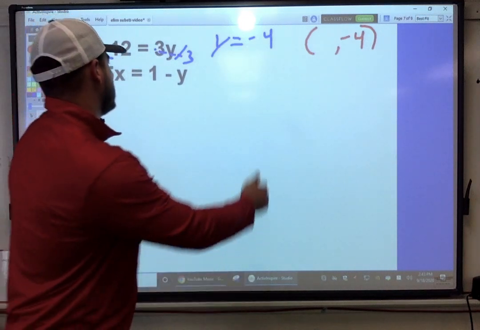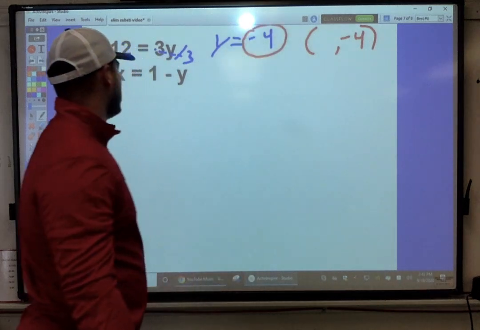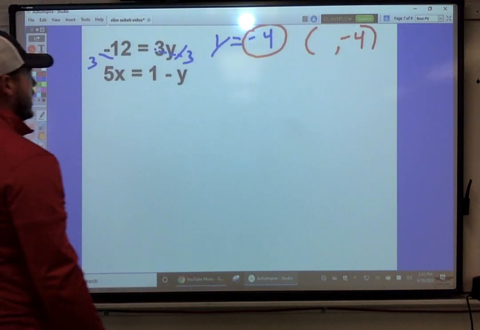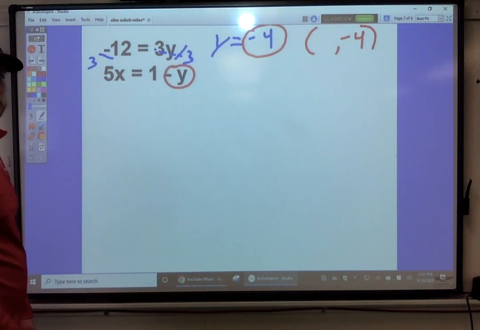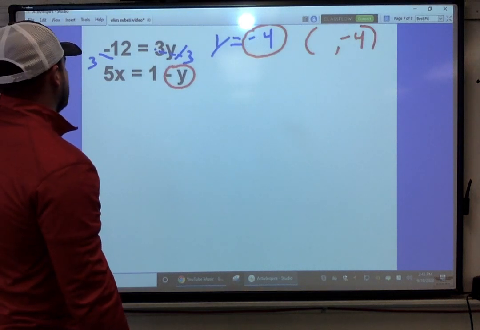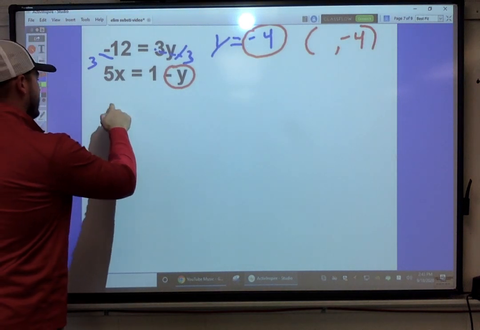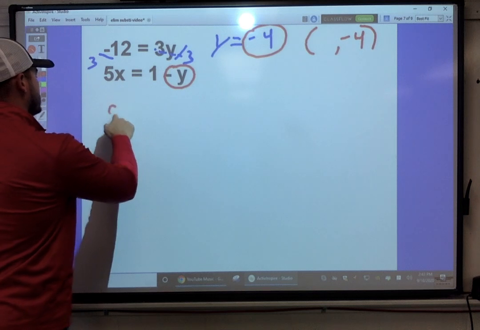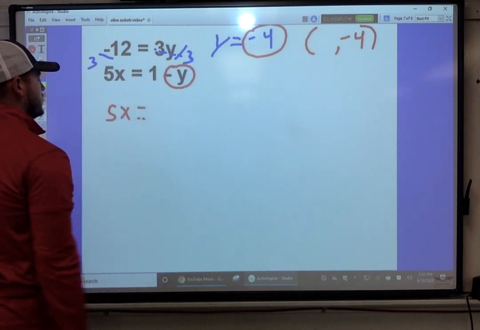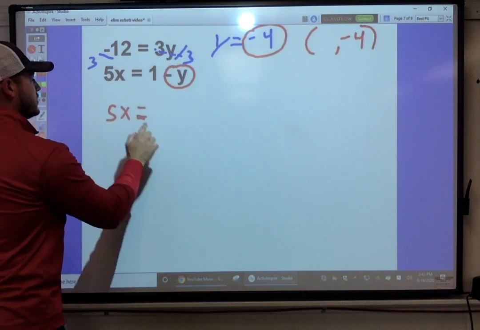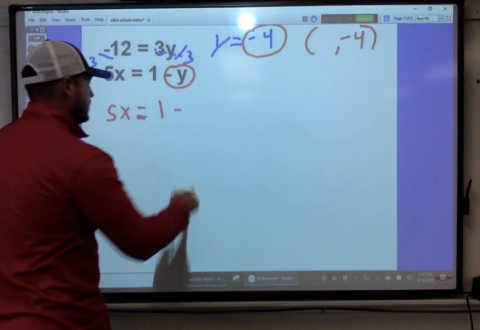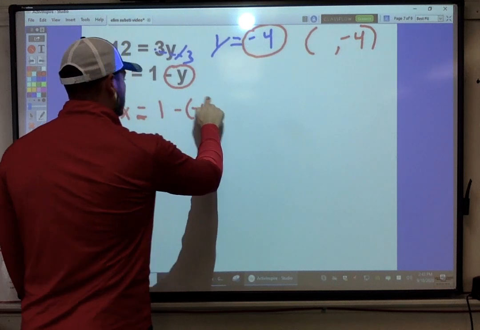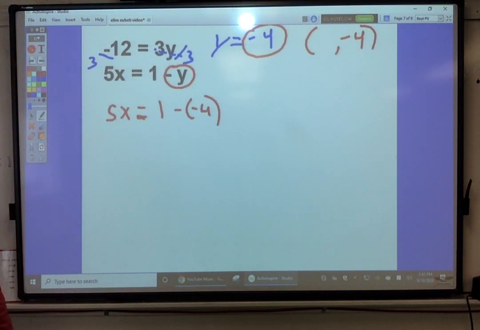So we're going to substitute this negative 4 into the y. We'll put it in right here. We're going to be a little tricky with it. So let's see. 5x is equal to 1 minus a negative 4.